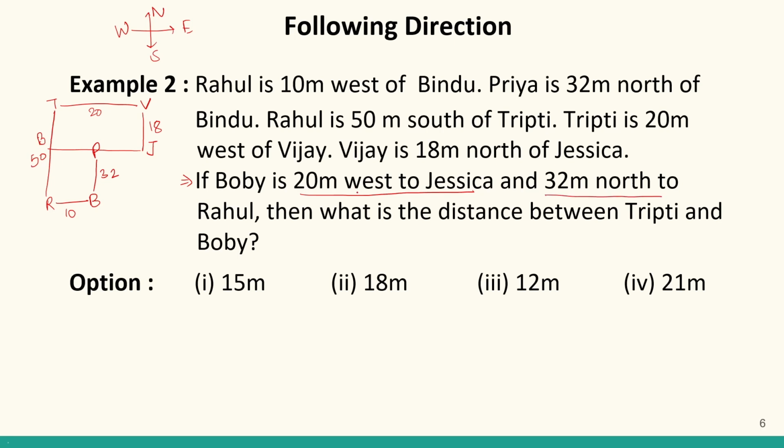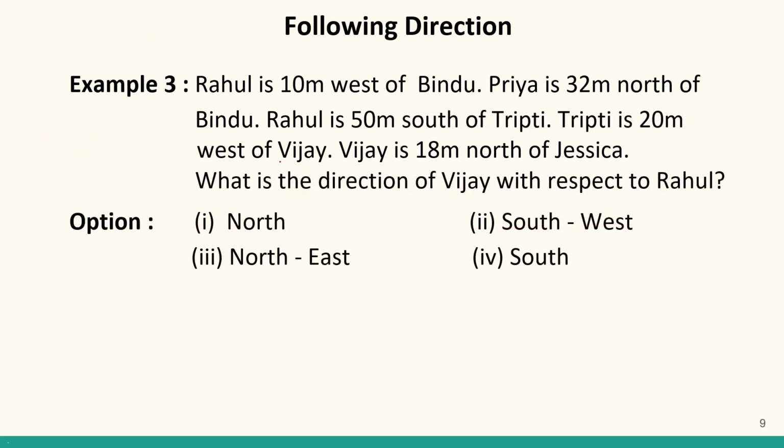And 32 meter north of Rahul. So here again, if it is at this point, this will be equal to 18 and this will be equal to 32. Distance between Bobby and Rahul will be 32. Given, then what is the distance between Tripti and Bobby? We have to find the distance between Tripti and Bobby. It will be 18, very clearly. So answer will be option number 2, 18. Now, same information, the question is different.